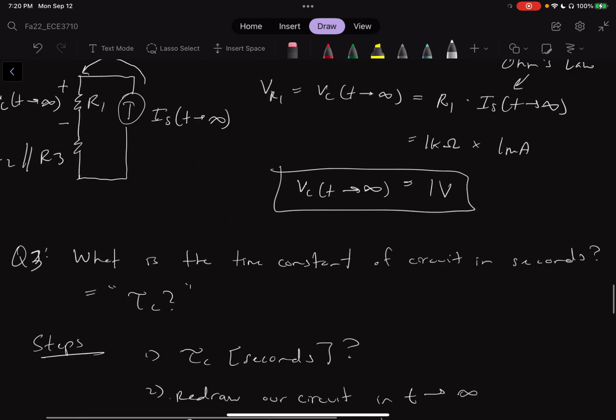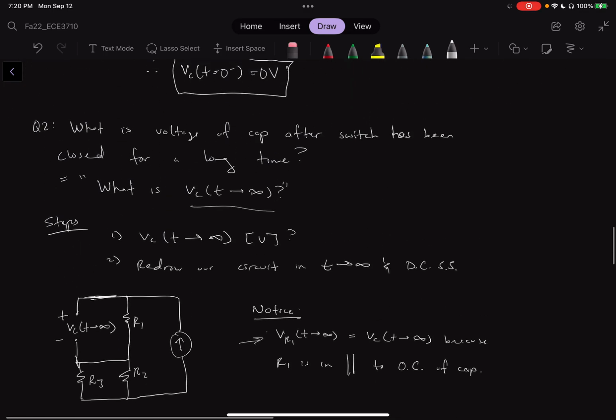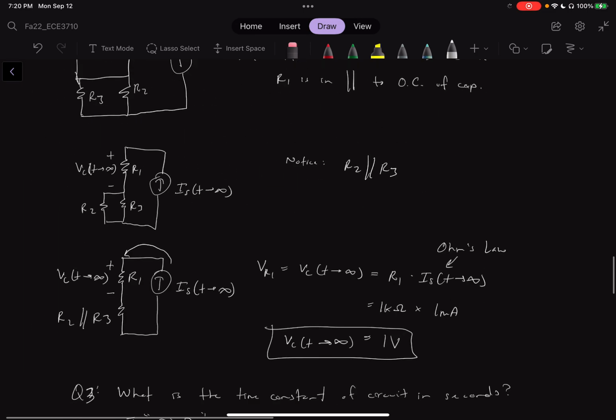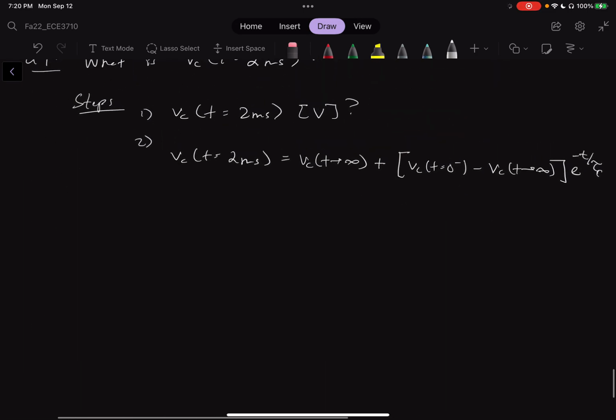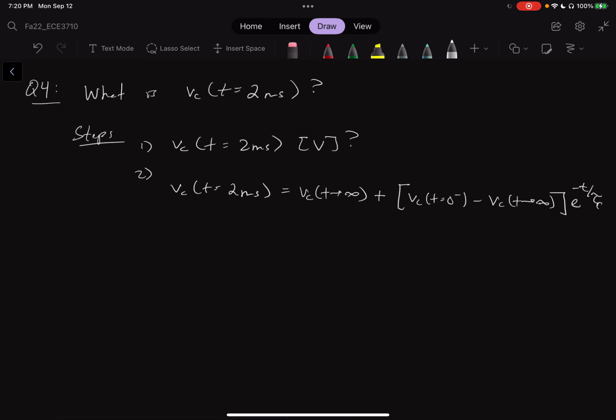Did I use negative t over tau c in the previous problem? Yes, okay. So that's all we need to do. We know that VC of t approaching infinity we got to be 1 volt. We got VC of t equal to 0 minus to be 0 volts.